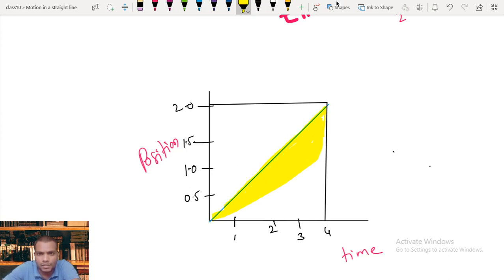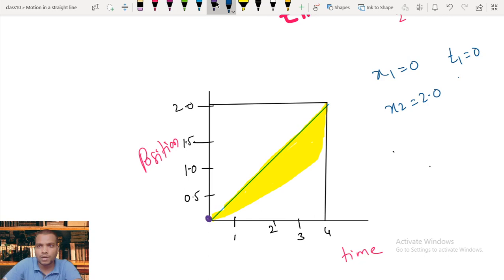Now on the y-axis, 2 points I need to know. The point touching at the y-intercept is 0, that is initial. Sorry, we are talking about position, so I can use x2 minus x1. So x1 equal to 0, the corresponding t1 also equal to 0, they both are at origin, and x2 equal to 2.0 and the time t2 equal to 4.0.